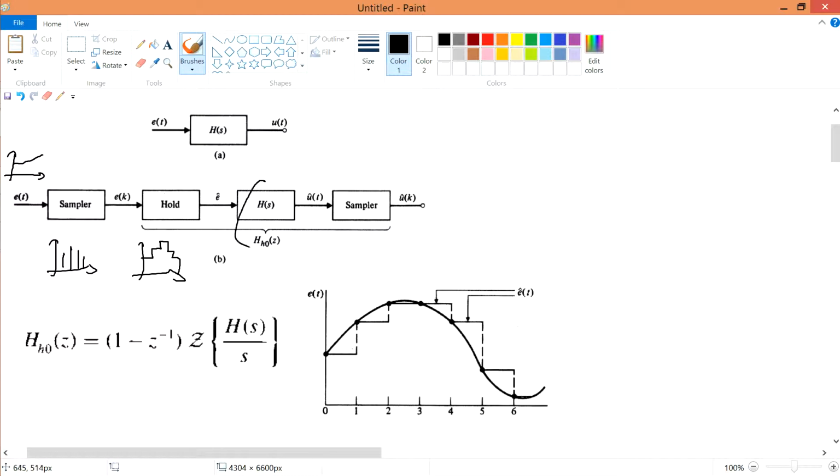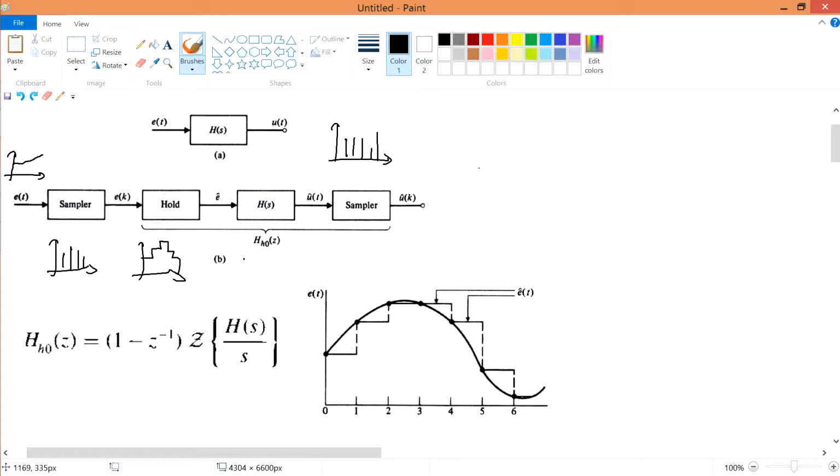Then you change it back to a Laplace domain with some transfer function, and after that you switch it to the time domain, and over here you need to sample again. This is the sampling of the output so that the digital signal will output to the system.